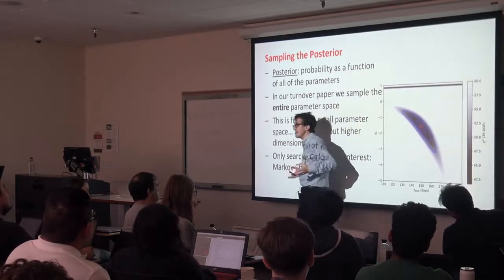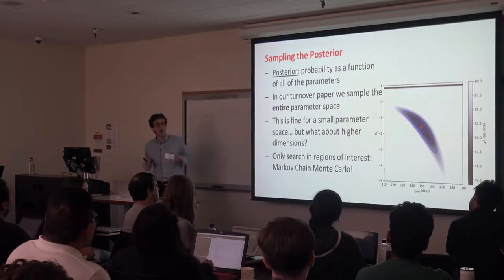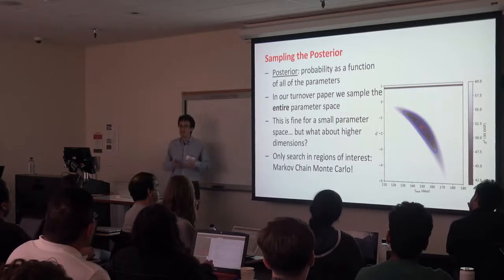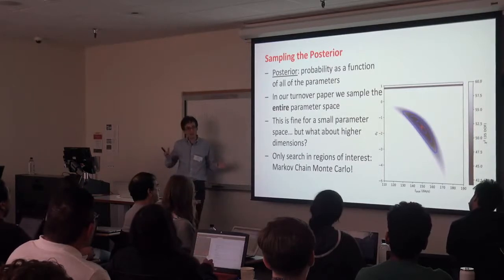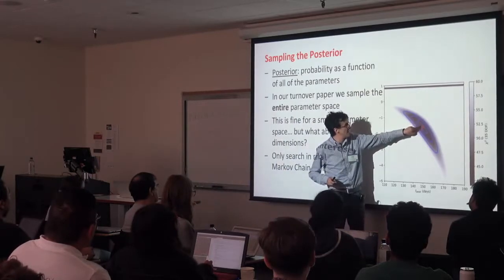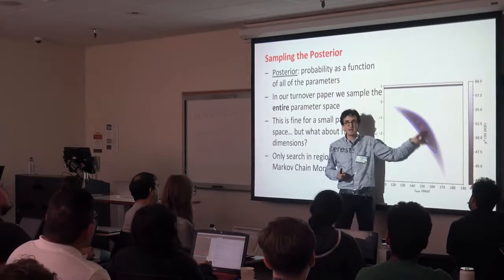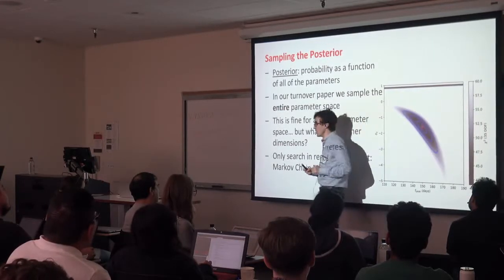You basically let the data tell you where to go. You let the computer spend all its time doing the interesting stuff and ignore the boring stuff. And it does this somewhat randomly. It will jump around a little bit. It will say, okay, around here. Then maybe I'll jump over here. Then actually I don't want to be there. I'm going to go there. But it ends up populating this quite well in the end.